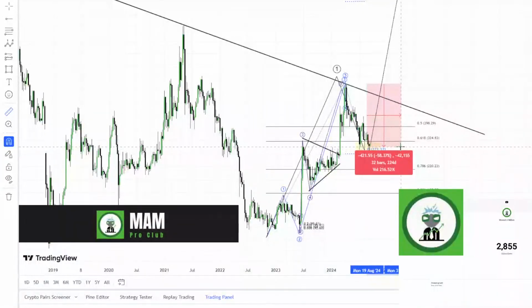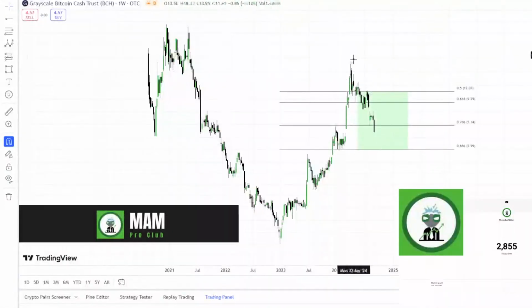Right now on the price, that's 60%. So if you own the Grayscale Trust, you're actually worse off by quite a lot.